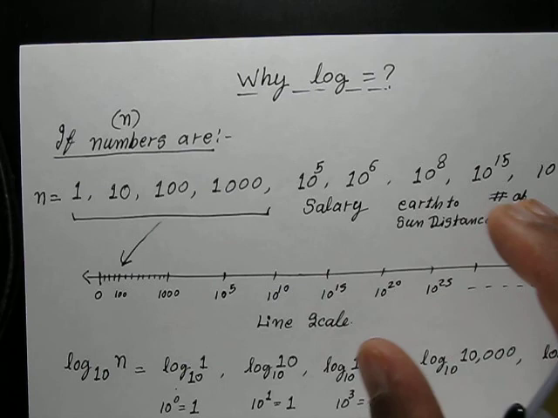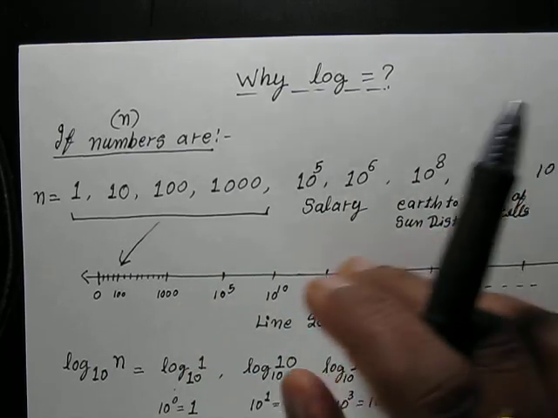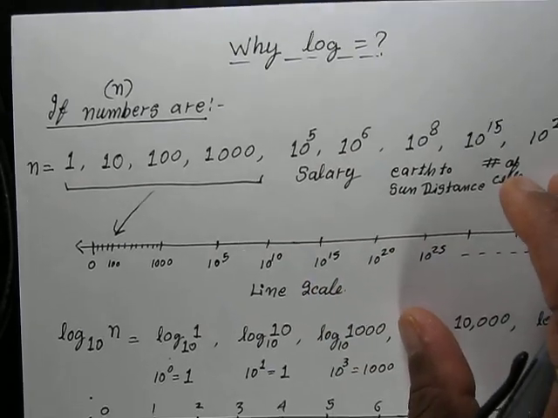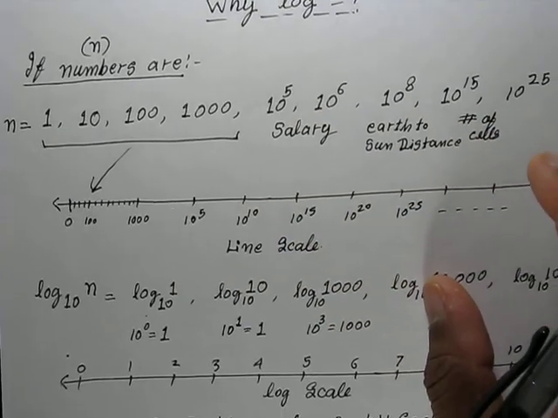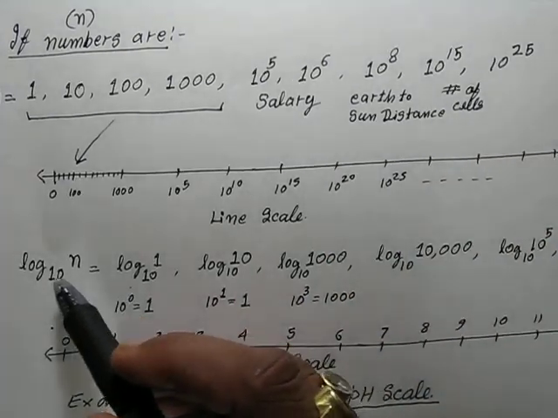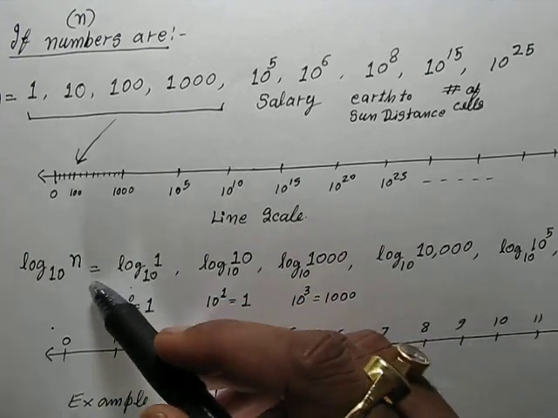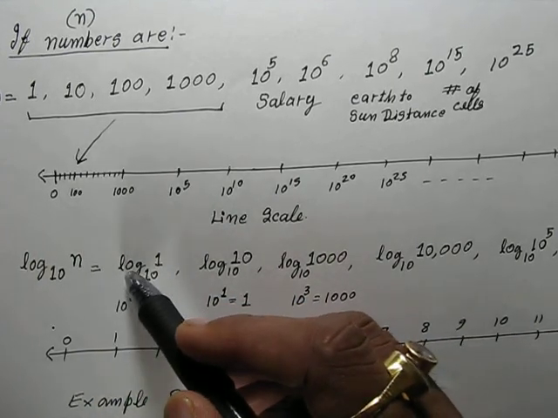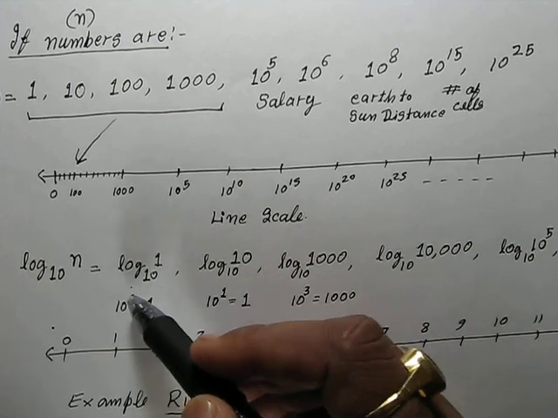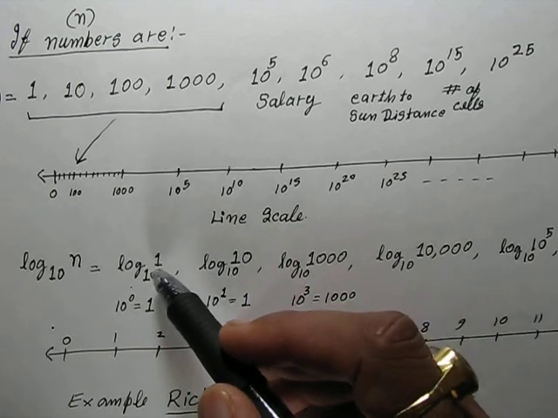That is why, if we have a very small number or a very large number, we convert them into log, and then it is easy to plot on a logarithmic scale. That is why we call it the log scale. For example, log base 10: if we take log 1, log 1 means 10 raised to the power 0 will be equal to 1, right?